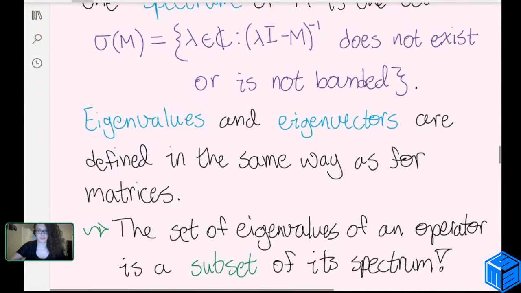However, there's one little tricky thing here. The set of eigenvalues of an operator is actually a subset of its spectrum, generally speaking. So that means that there are elements of the spectrum that might not actually be eigenvalues, but they're still part of the spectrum.